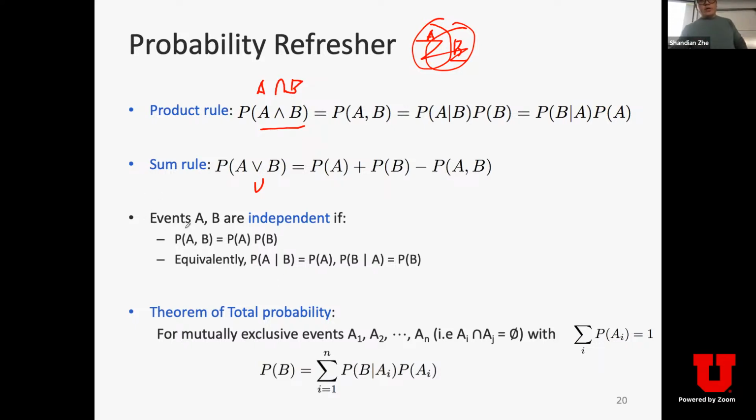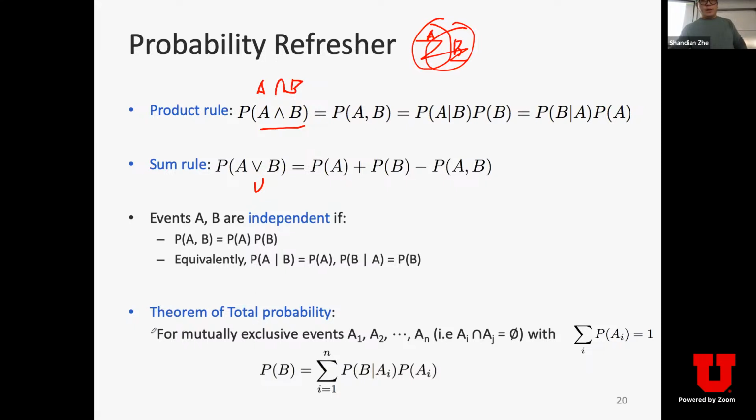And if we say two events A and B are independent, that means their joint probability is the product of their marginal probabilities, or equivalently, their conditional probability is the same as the marginal probability.